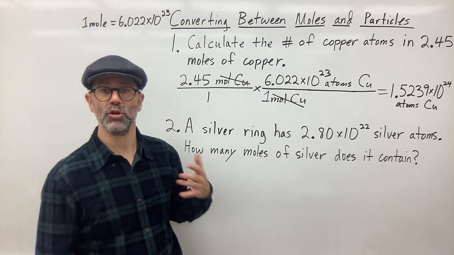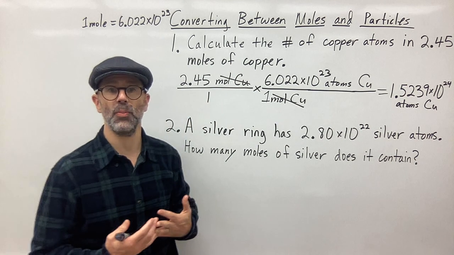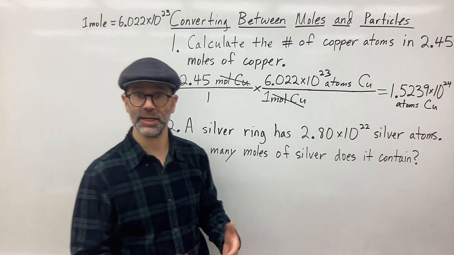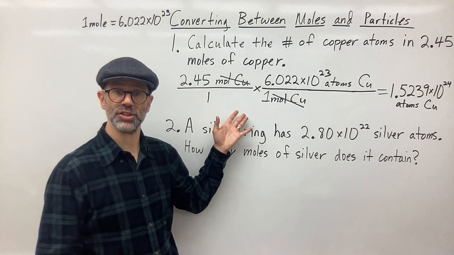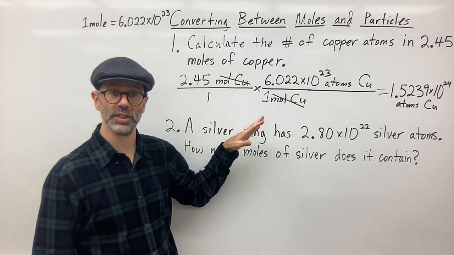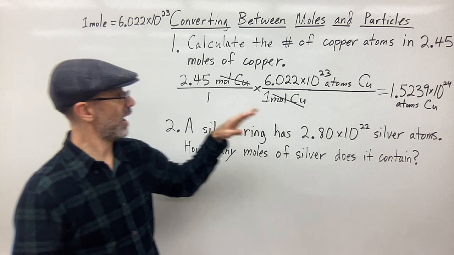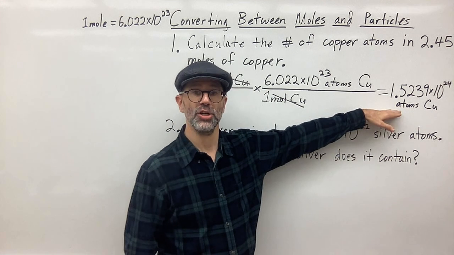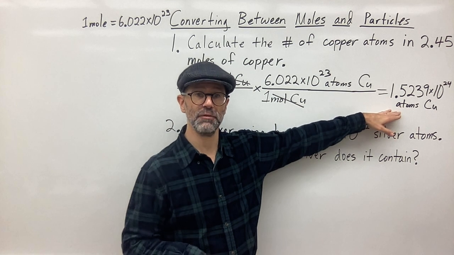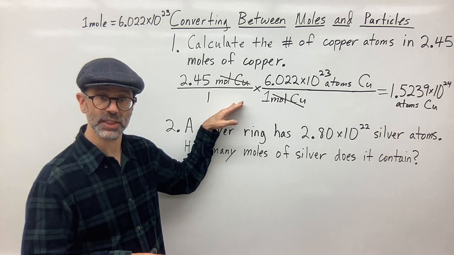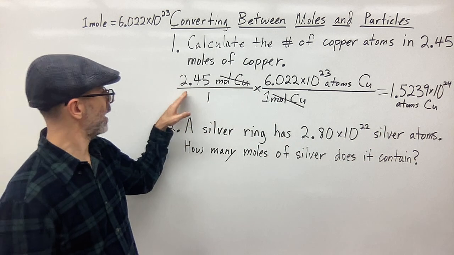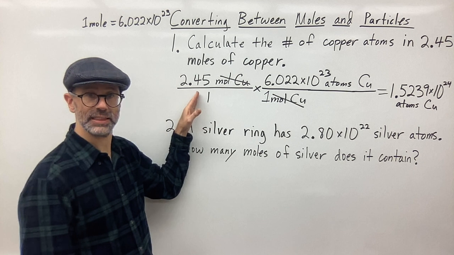And again, for those of you who need to know how many sig figs to keep, with regard to multiplication and division, the rule is that your answer should have the same number of sig figs as the measure with the least number of sig figs. So here I have 2.45, that's 3 sig figs.